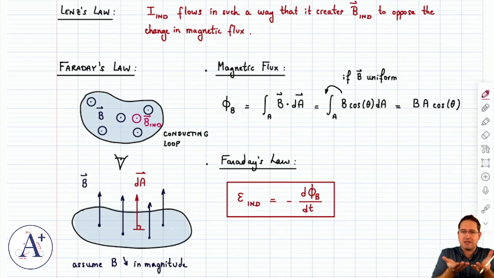It's trying to sustain the magnetic flux out of the page as B, the original B, drops. The only way I get B induced pointing out of the page is if the induced current, which is what creates B induced, flows counterclockwise around this loop, right? Thumb out of the page, my fingers wrap around counterclockwise. I induced would flow counterclockwise around the loop. But it's very important to realize that it is not B induced that creates I induced, right?